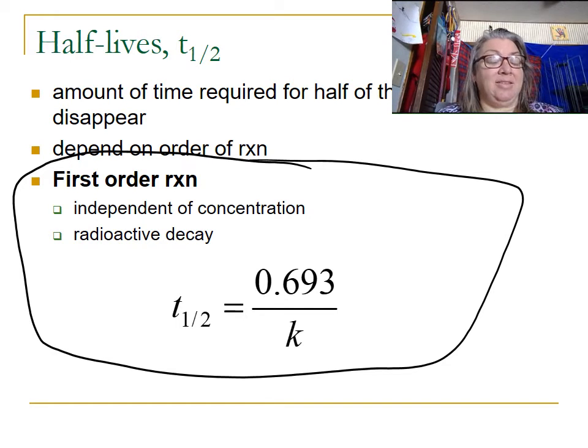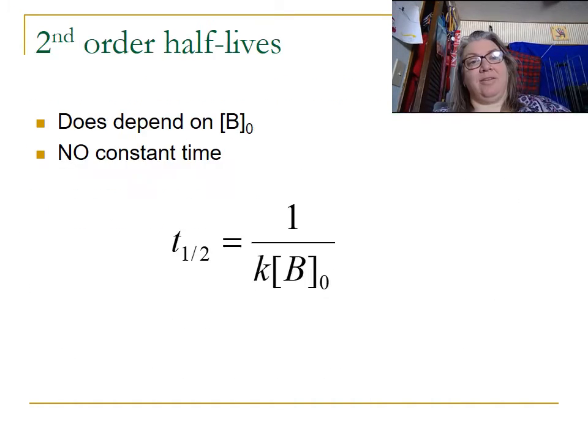Radioactive decay is an example of this, and we're actually going to get to talk a lot more about radioactive decay later on. So we kind of introduced that idea here, but you actually get to see it a lot more later on. So you'll see an example here in just a few minutes.